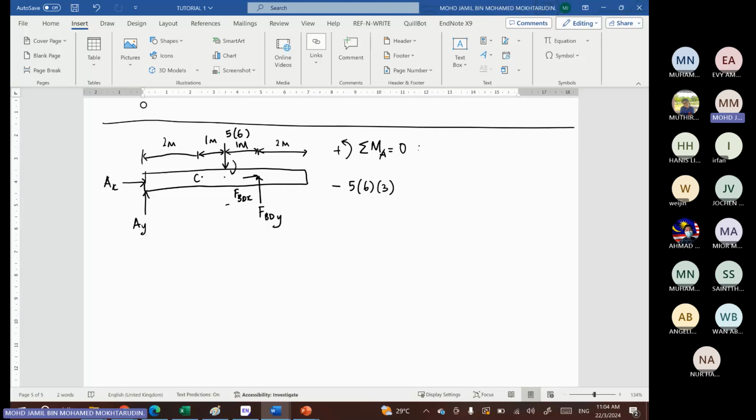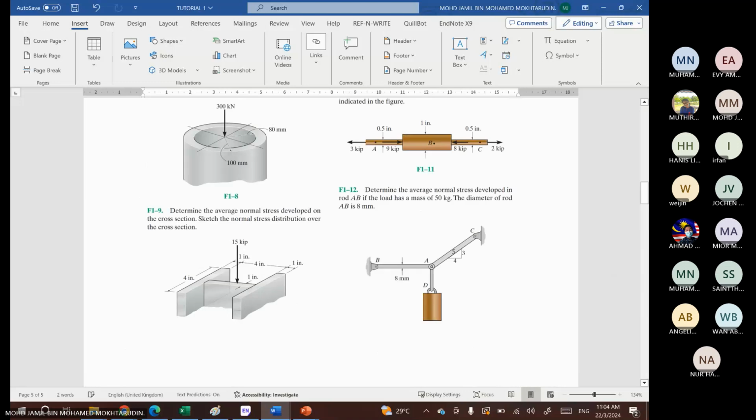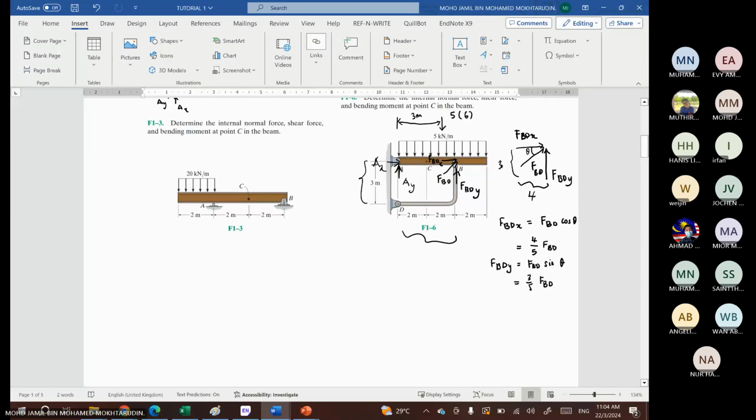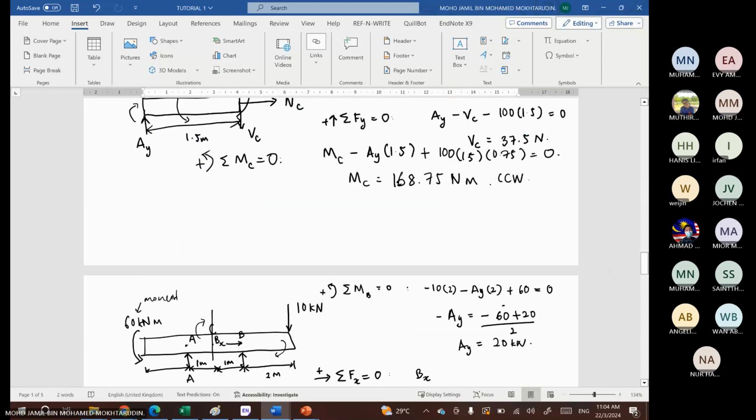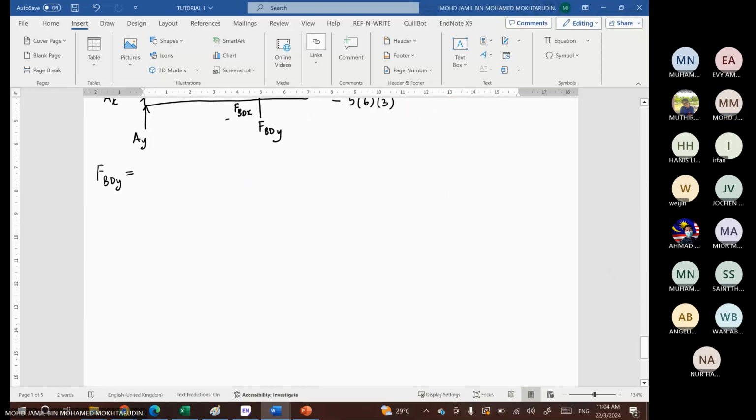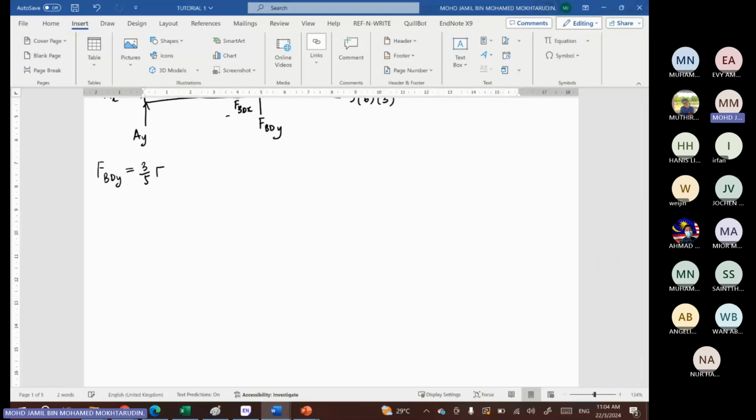And then we have the force FBDY. So from previous derivation, FBDY equals 3/5 FBD. Okay, so 3/5 FBD, FBDX, 4/5 FBD.